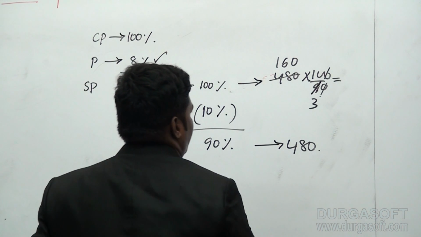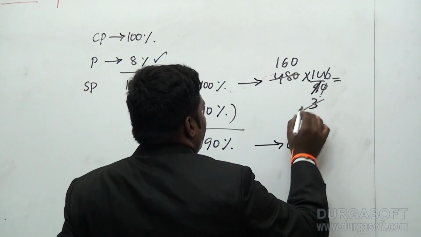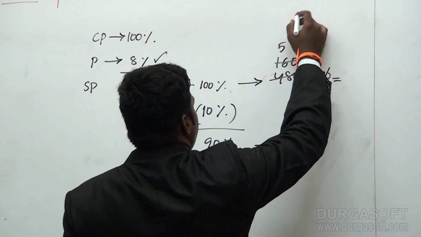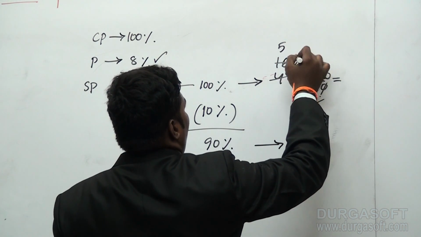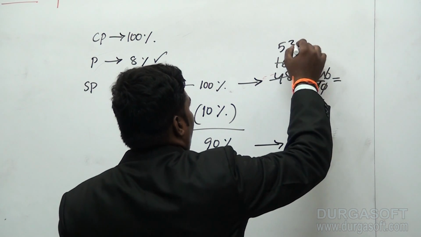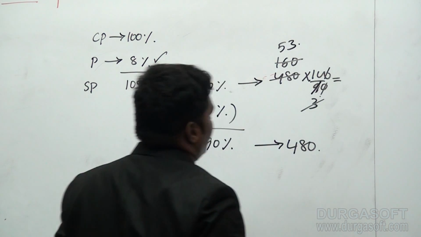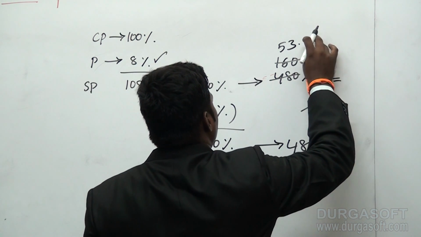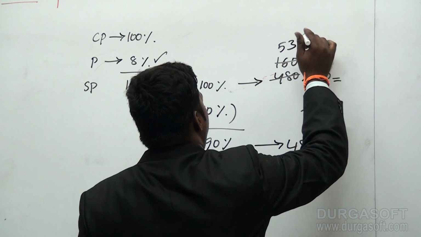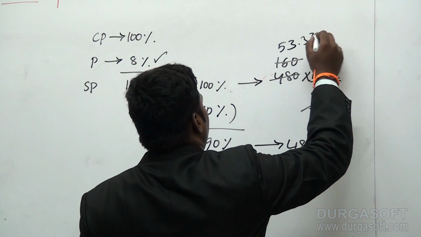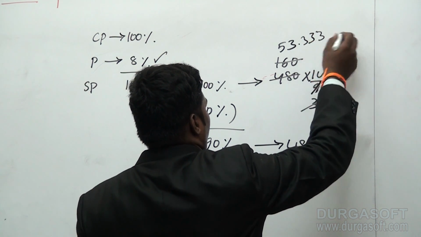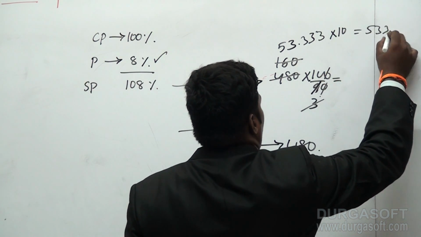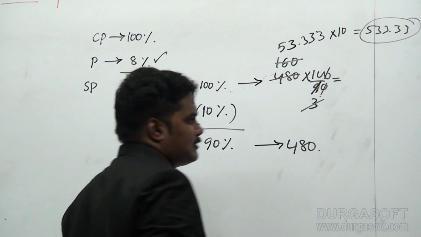Here 3 fives are 15, and 3 threes are 9, point 333 and so on. When you multiply with 10, you get 533.33 as the selling price.